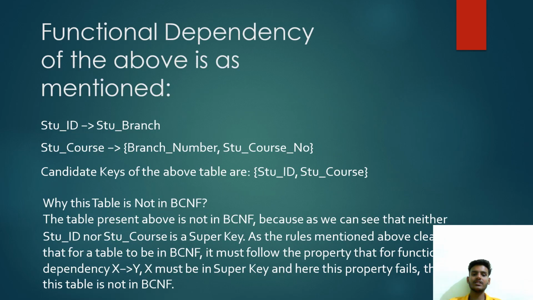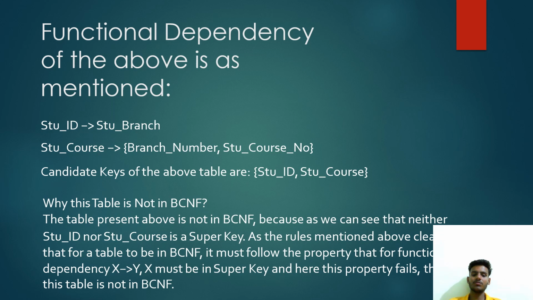Now the functional dependencies of the above are as mentioned. Student ID determines student branch. Student course determines branch number. Student course number. The candidate key of the above is student ID, student course. Why is this table not in BCNF? The table presented above is not in BCNF because, as we can see, neither student ID nor student course is a super key.